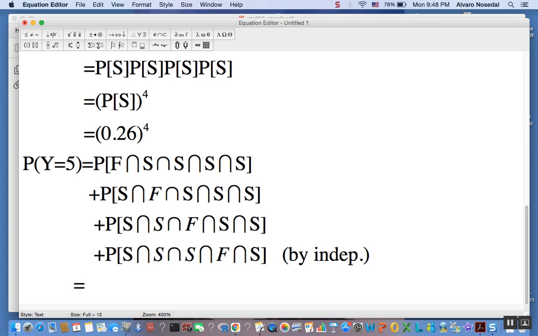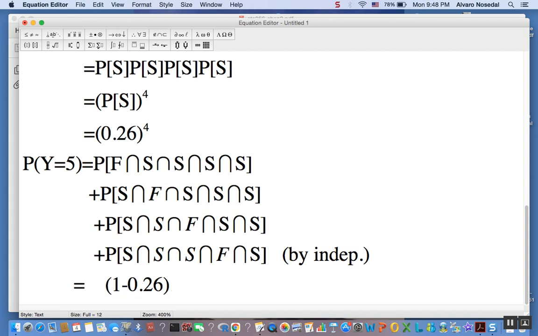So for the first one, note something interesting. We're going to have the probability of failure times probability of success times probability of success times probability of success times probability of success. So let me write it down like this. Probability of failure, 1 minus probability of success, which is 0.26.